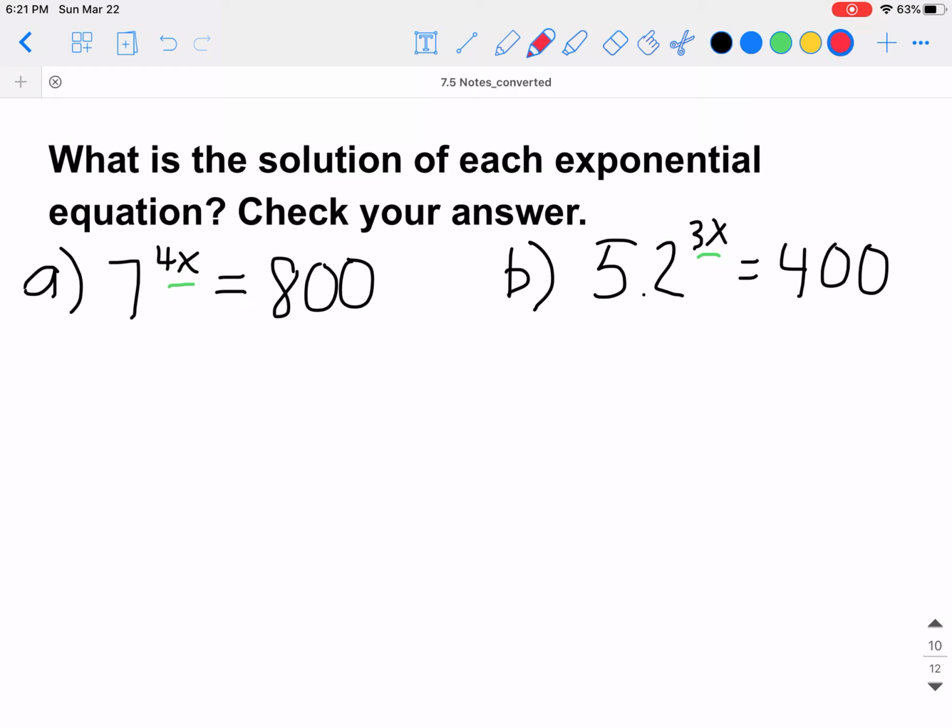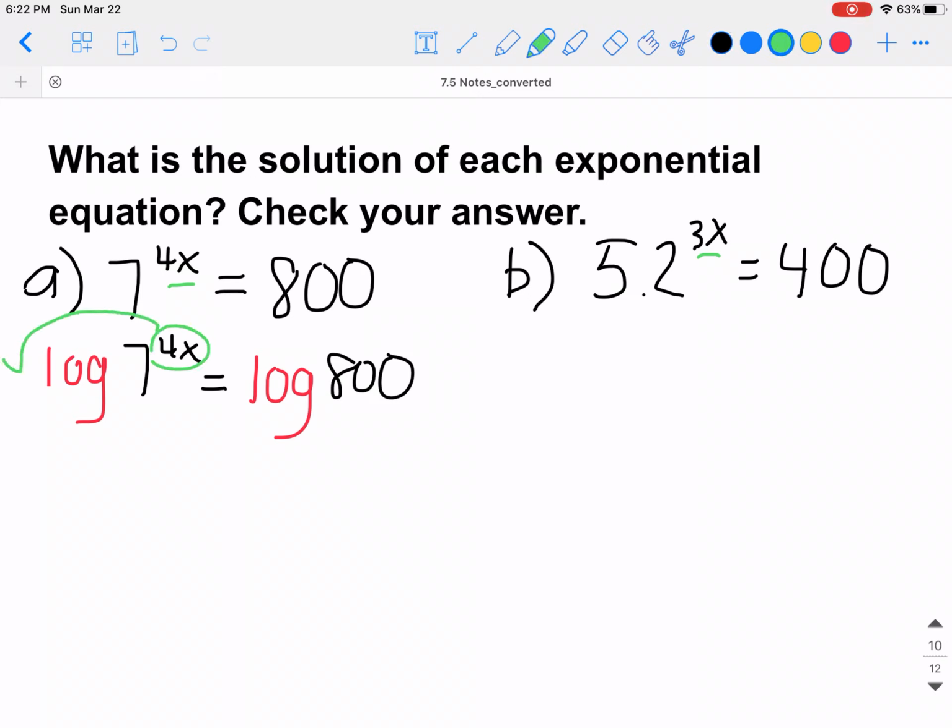So for our first example, we have 7 raised to the 4x equals 800. We have different bases, so in order to get it to the same base, we're going to add log to the front of both of our terms. So we have log 7 raised to the 4x power equals log of 800. By properties of exponents, we know that we can take this exponent and bring it down to the front of our term.